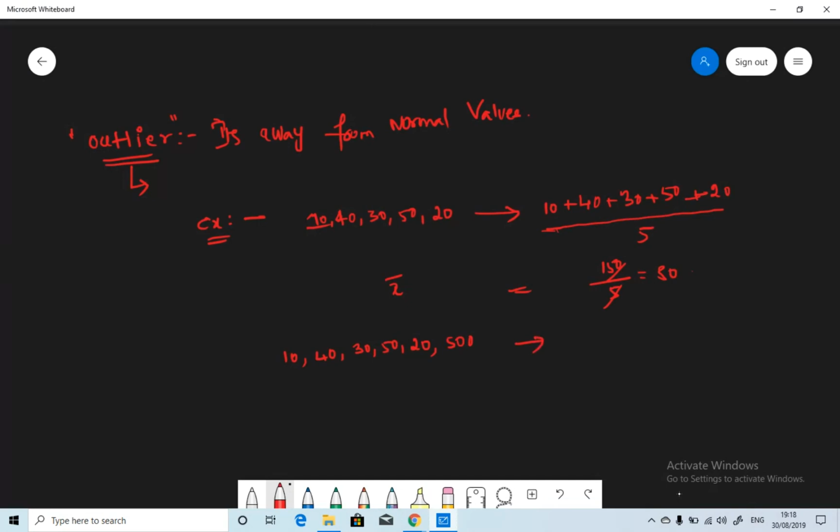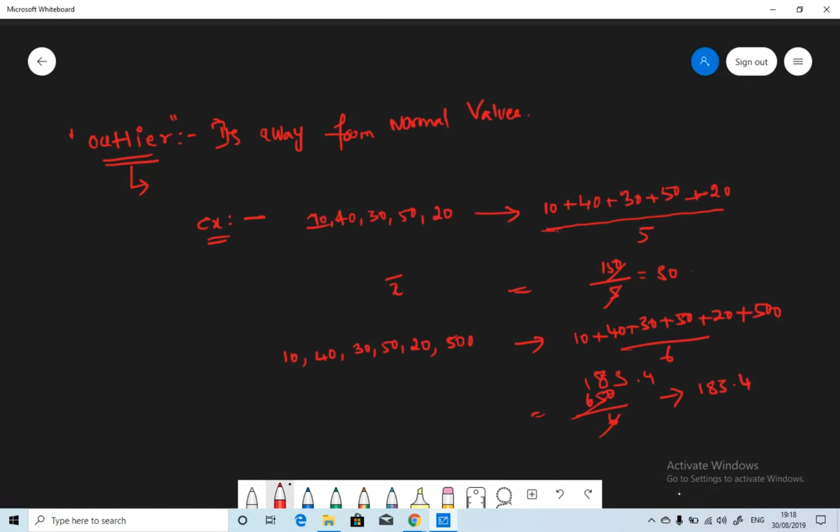Now, the same data points I will take, and add 500. What is my average? 150 plus 500 is 650, by 6. 6 1 is 6, 6 8 is 48, 6 3 is 18, so 108 point something.